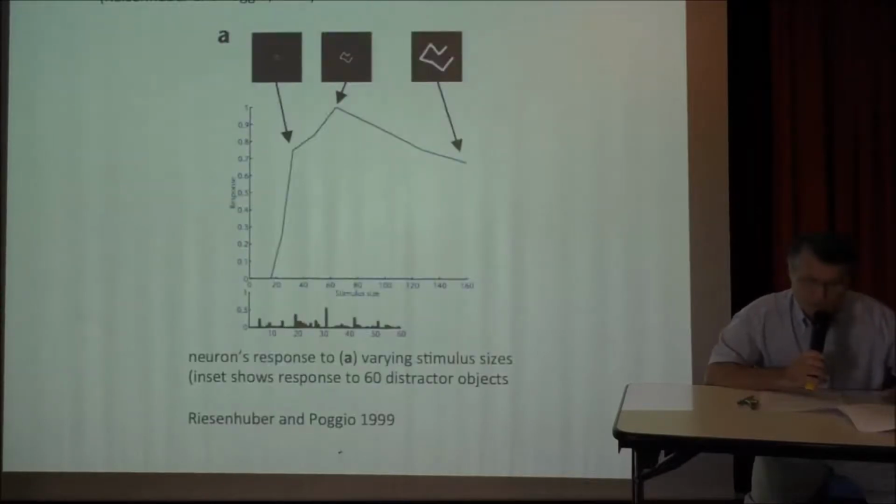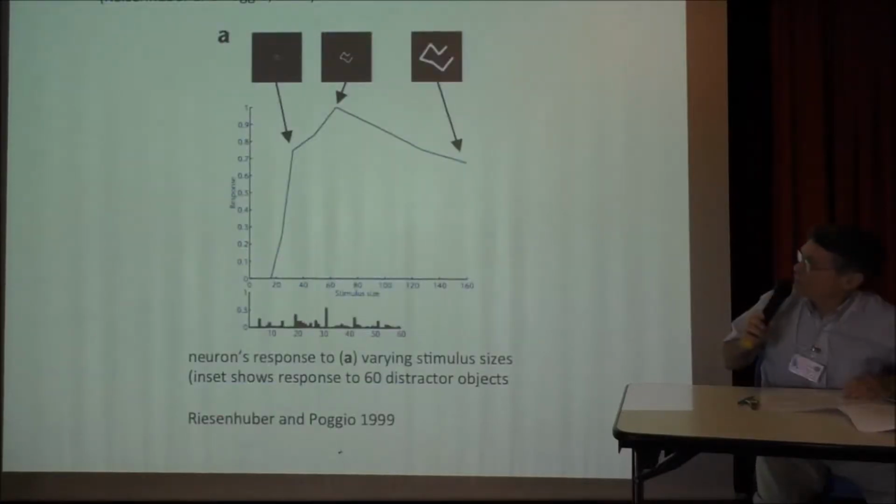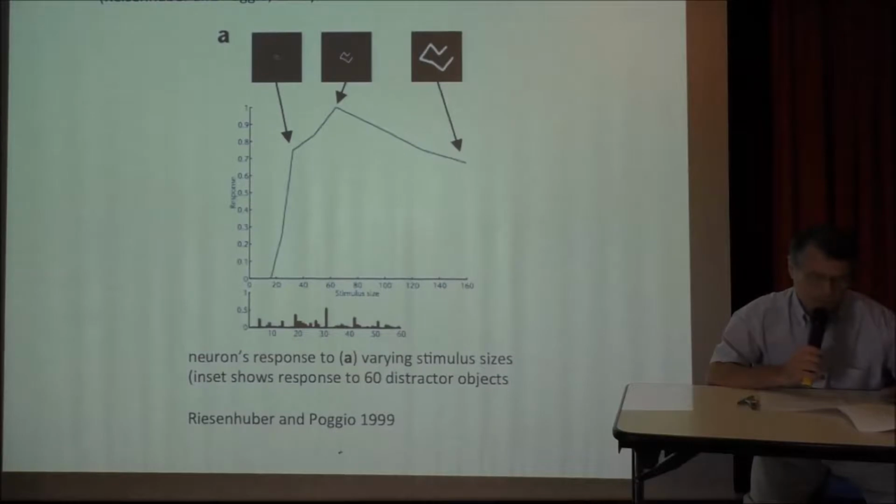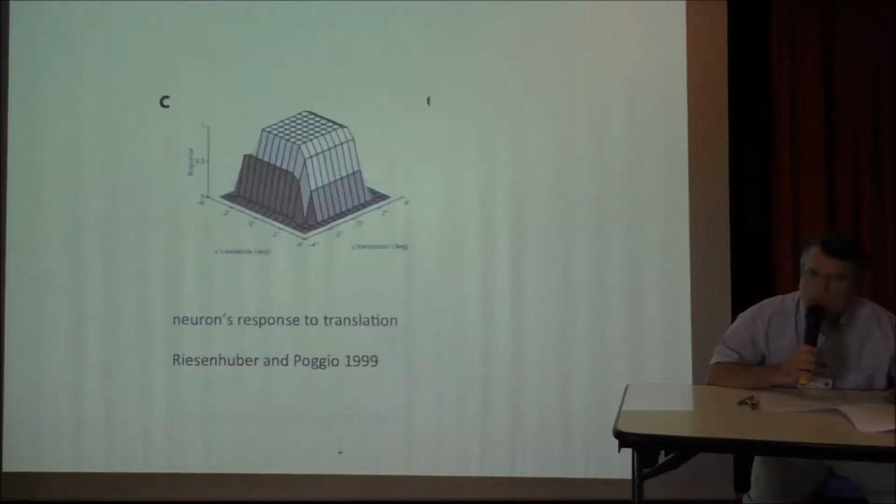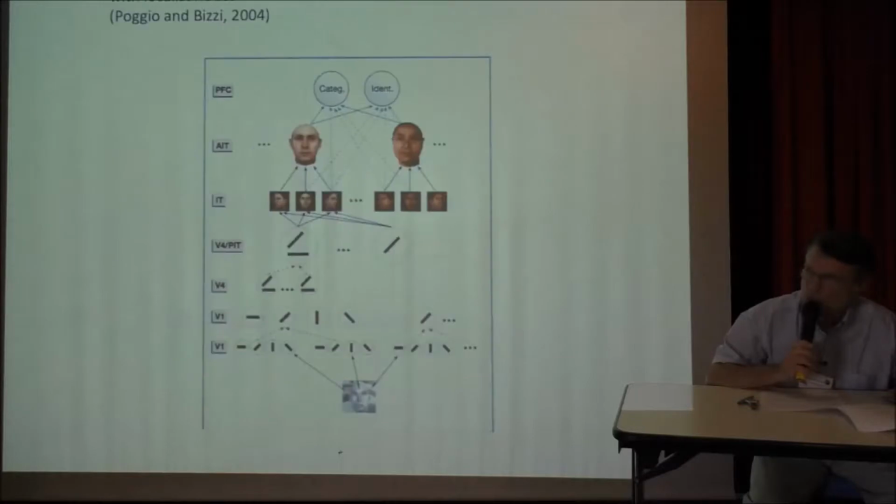So for instance, here's an example from one of Poggio's works of a cell that responds to complex changes of shape, size, and rotation. So here's its response to changes in size of that pattern, and here's its set of responses to its changes in rotation.